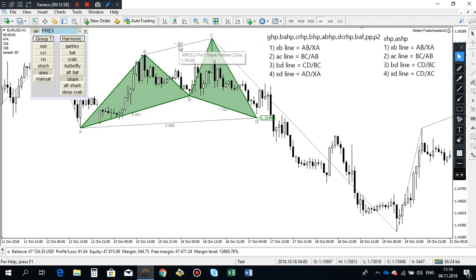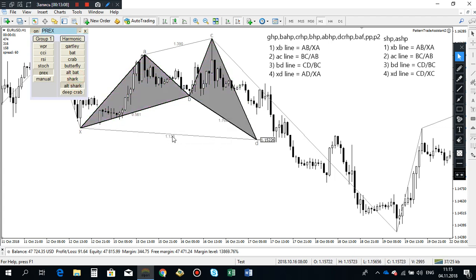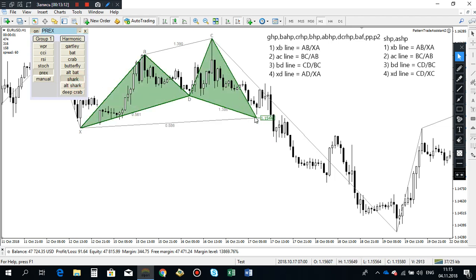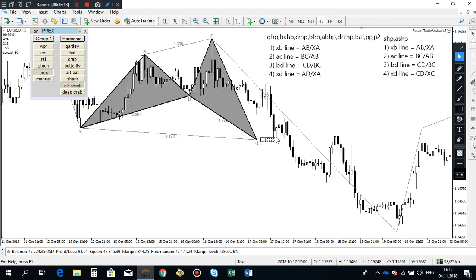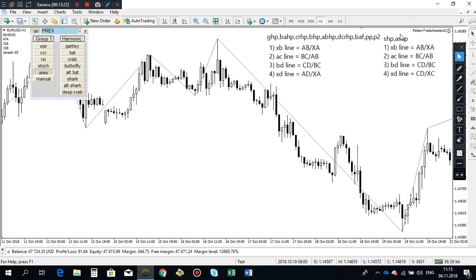Right now we have it at 1.39, which is exactly within this ratio range. Okay, the completion is 886, or in case of alternative, the completion is 1.13. So in both cases we had some minor bounces, closer to 886 and then closer to 1.13. Okay, so these are the shock patterns.